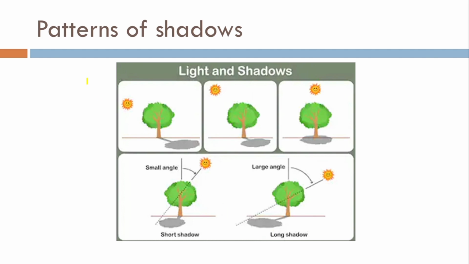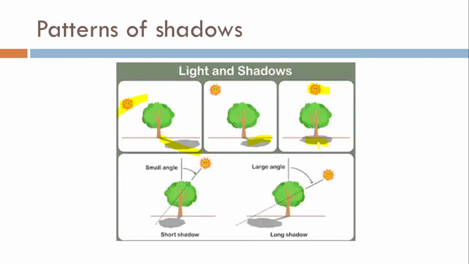Here is the summary of the pattern of shadows. The first one: when you wake up in the morning and you get sunlight, you can see your shadows are long. Time by time, minute by minute, the sun gets higher again and again, and the shadows become shorter, especially when the position of the sun is above us.